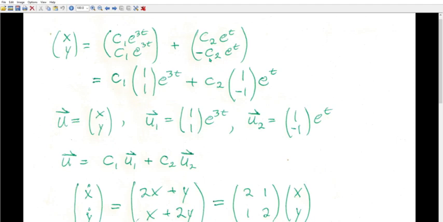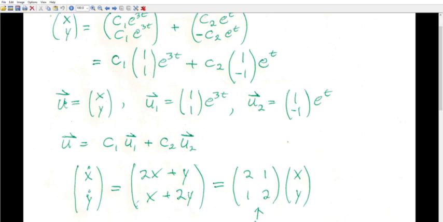And now you can factor out a c1 and an e to the 3t in the first one, and we've got c1 times the column vector 1, 1 times e to the 3t. Here we're thinking of that as scalar multiplication, plus c2 times 1, minus 1 times e to the t.